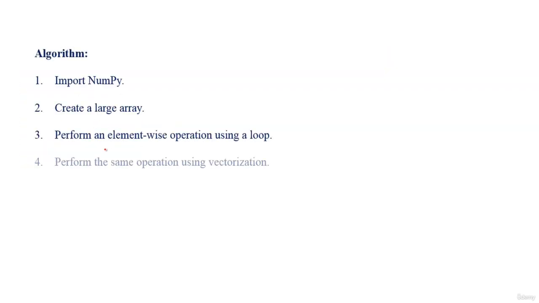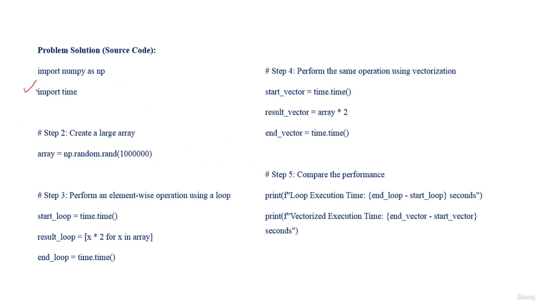The algorithm I will follow: create a large array, perform an element-wise operation using a loop, perform the same operation using vectorization. I will not use a loop here. So you can see that we are importing the NumPy array and also the time module.